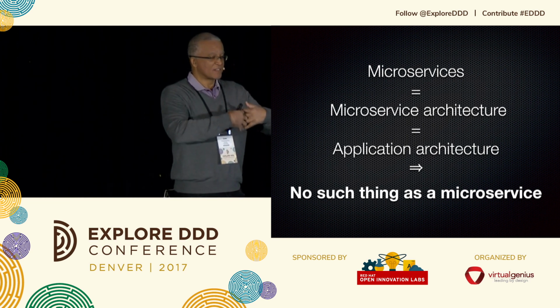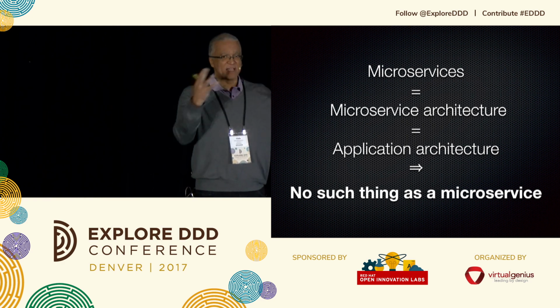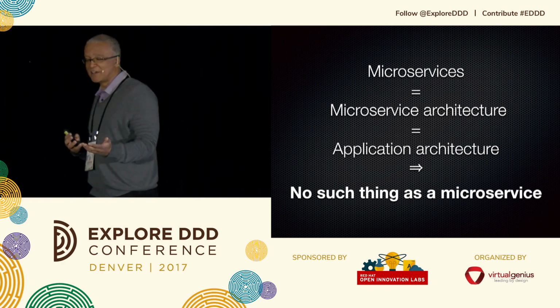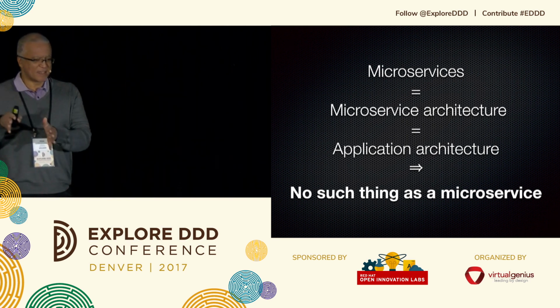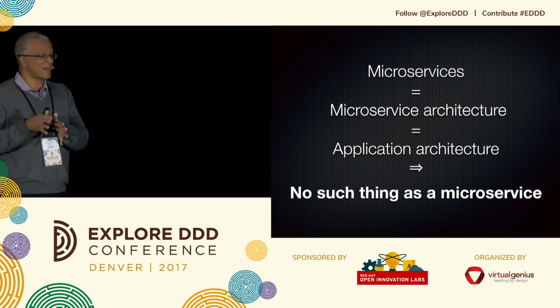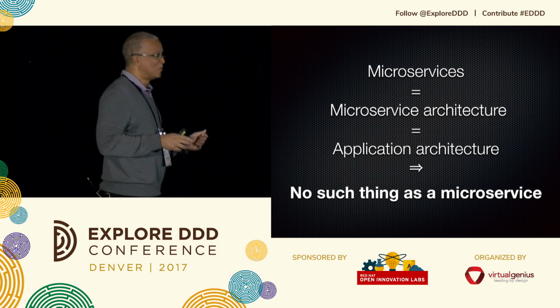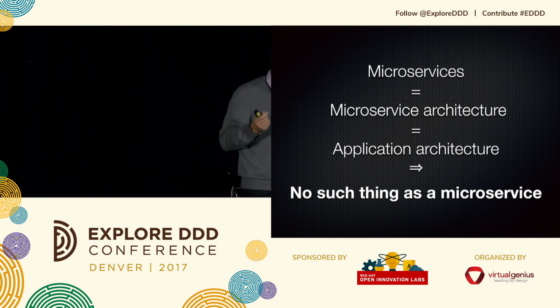So you don't have a single microservice. Your application has a microservice architecture, that is, a collection of services. It does not make sense to think of a microservice in isolation. It's kind of like quarks, right? I guess they can't. You've got to have at least two of them.